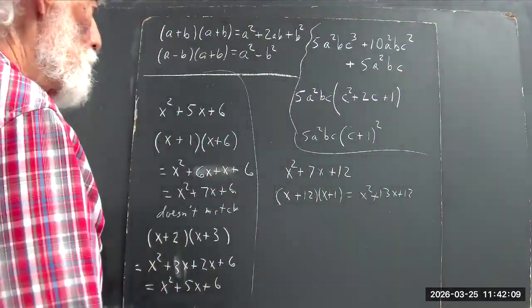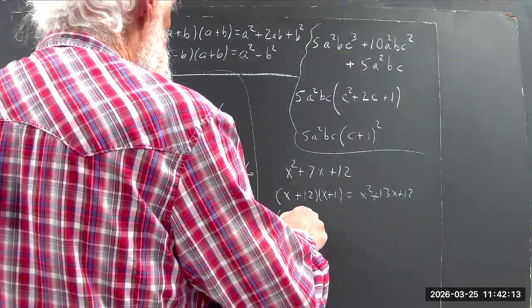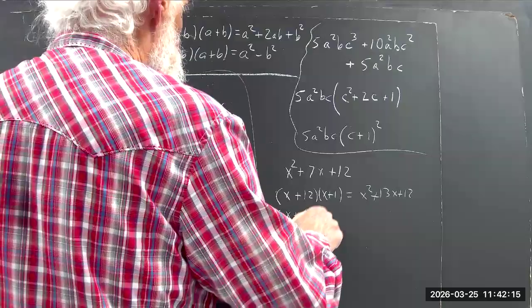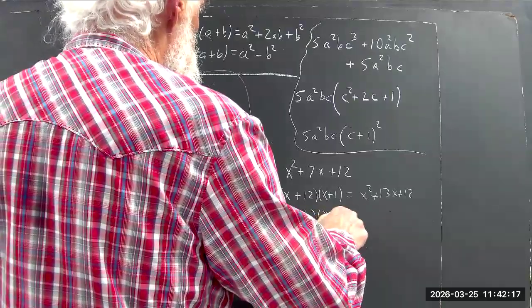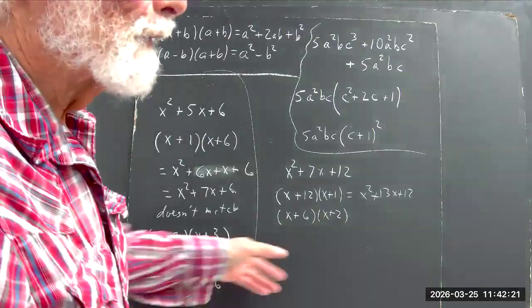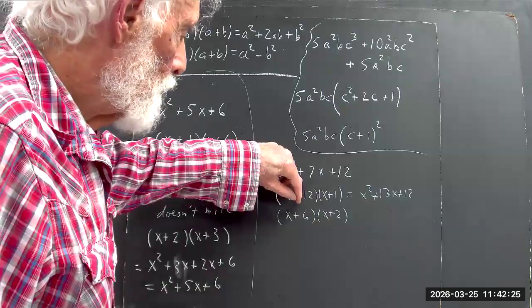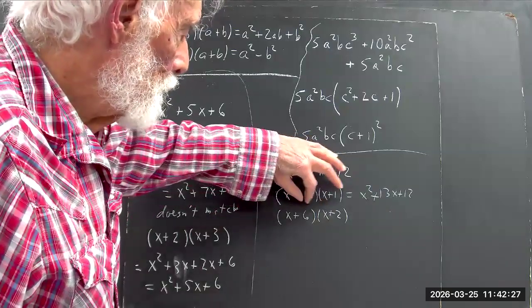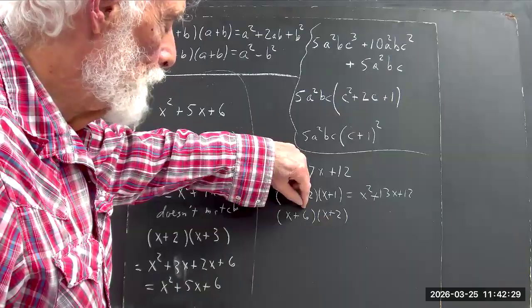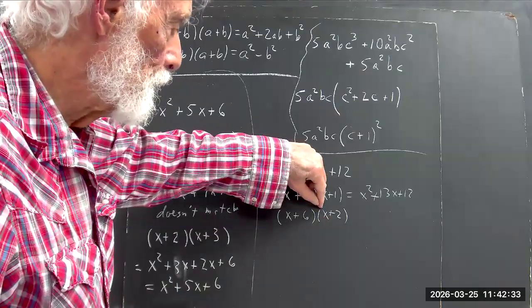So we try a different way of breaking down 12. We try x plus 6 times x plus 2. 6 times 2 is going to give us 12. X times x is going to give us x squared. But the 6 in the first binomial is multiplied by the x in the second, so we get 6x.